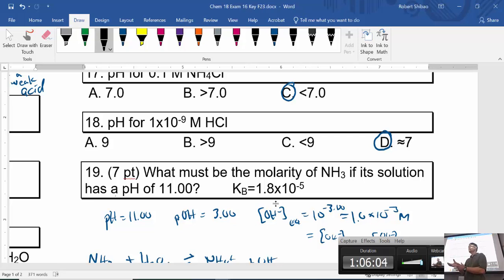If you have a bottle that's labeled 6 molar acetic acid, is that the equilibrium acetic acid concentration or the initial when they put the acetic acid in? It's the initial. So whenever we do a solution, like what must be the molarity of ammonia, this is referring to the initial concentration of the ammonia, not the equilibrium concentration of ammonia.